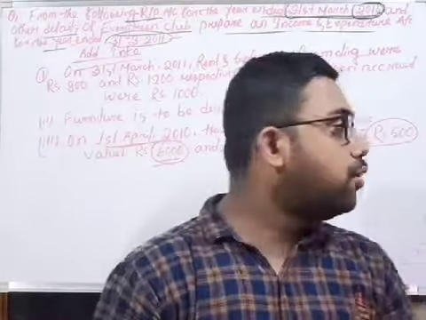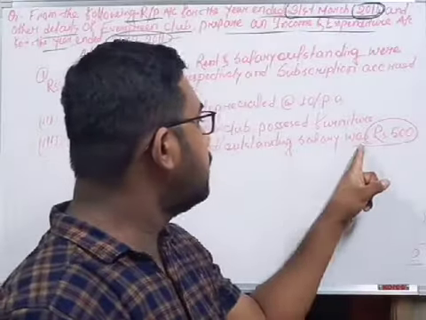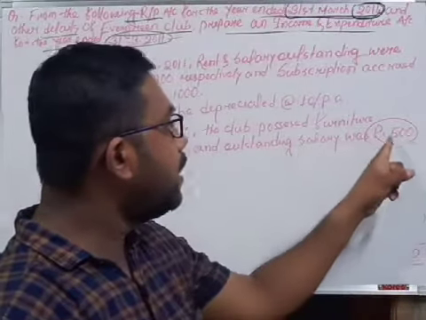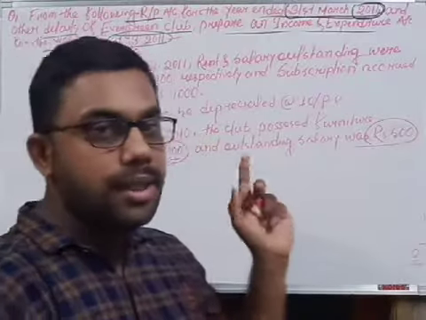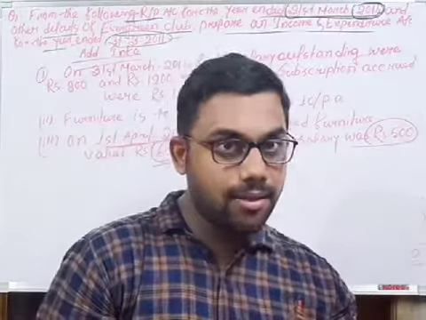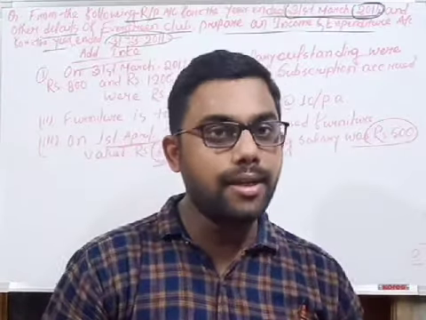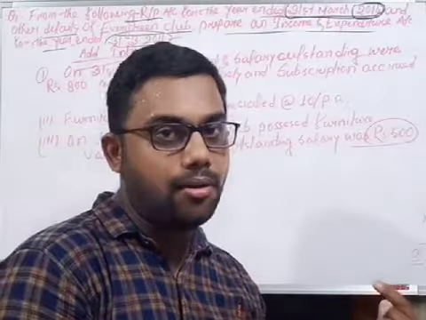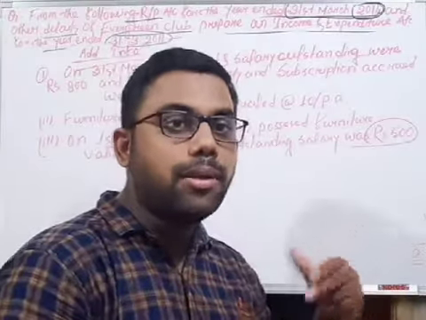Why? Because outstanding salary rupees 500 on 1st April 2010 means it is not salary for the current accounting year, it is salary for the previous accounting year, because it is outstanding at the beginning of the year.